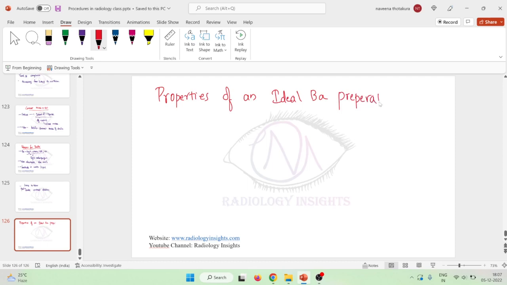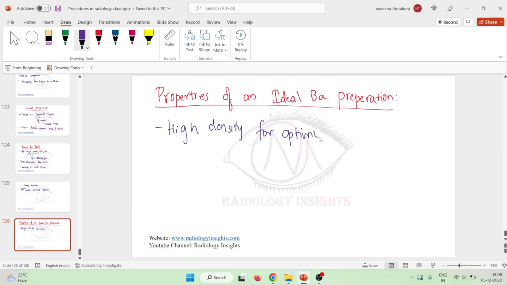Based on these properties, we can say whether the barium which is prepared by us is good or not for contrast studies. Number one, you should know the high density for the optimum study being performed. Does the prepared barium sulfate have optimum density or not? It should be taken into account.